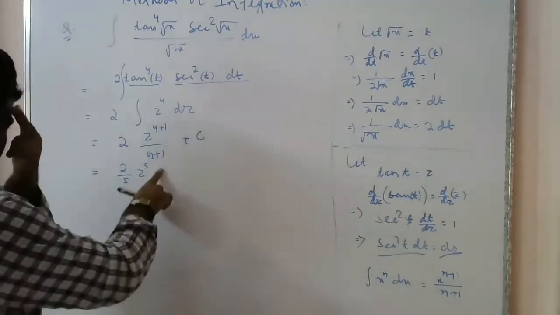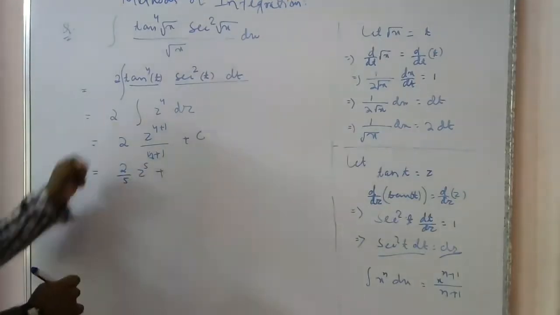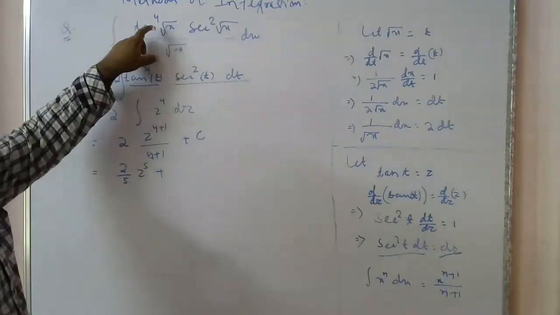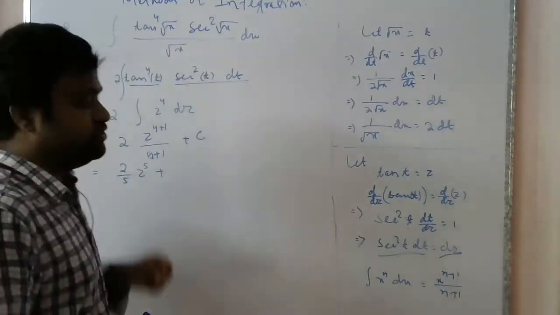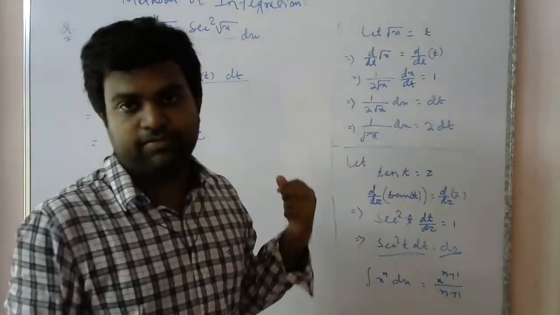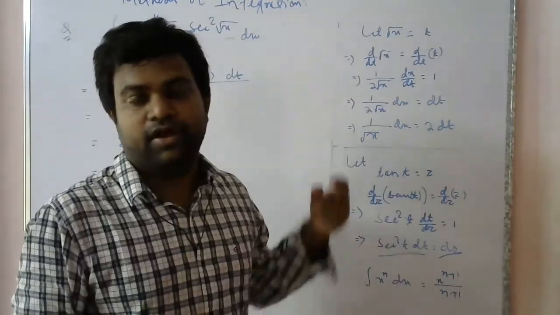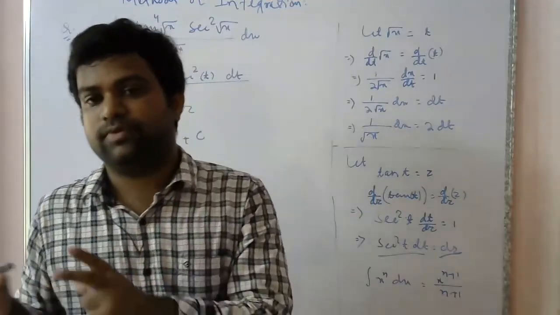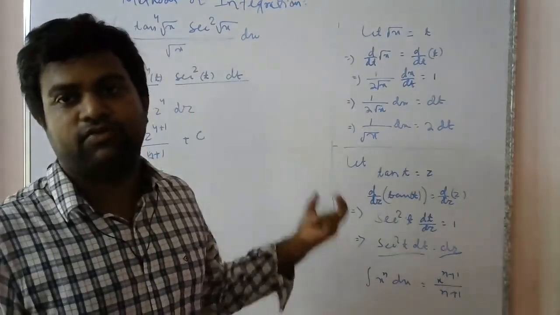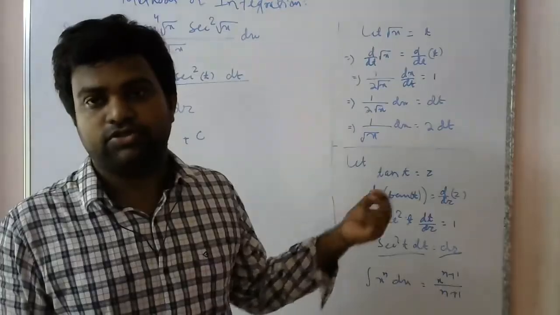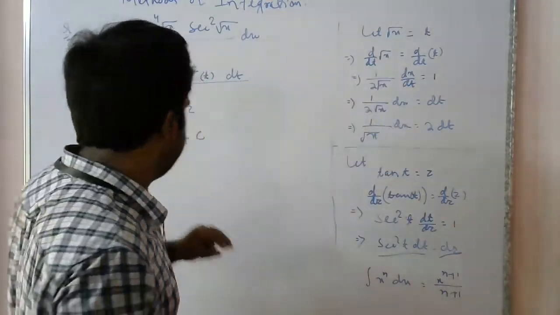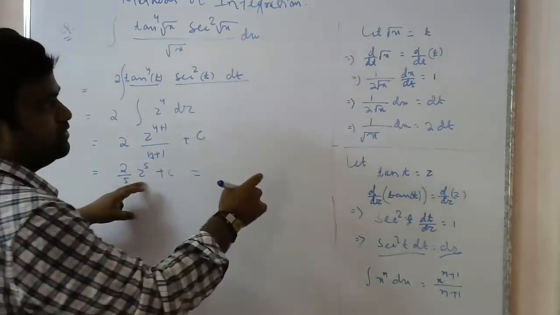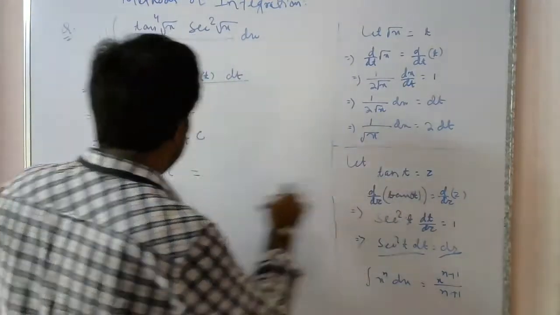Now what is your z? I have to go back, and the final result I have to write in terms of x only. I'll not write in z because my question is given in terms of x. So I need to find the integration of that function in terms of x only. In the final result, I'll substitute all these things, whatever I have taken. So z to the power 5 plus c. Now z is what? I have taken z as tan t.